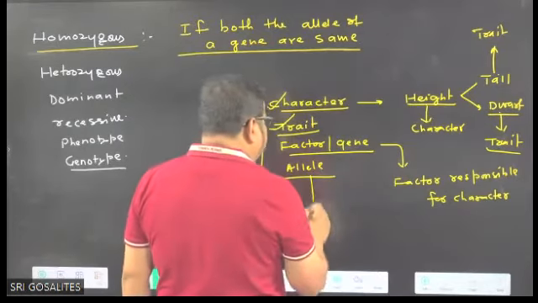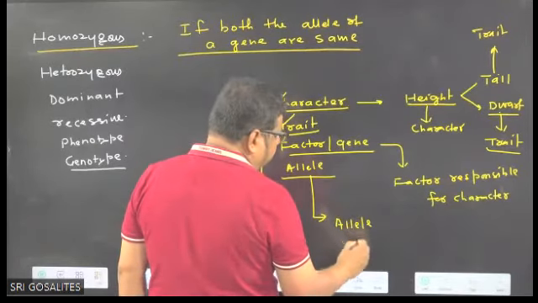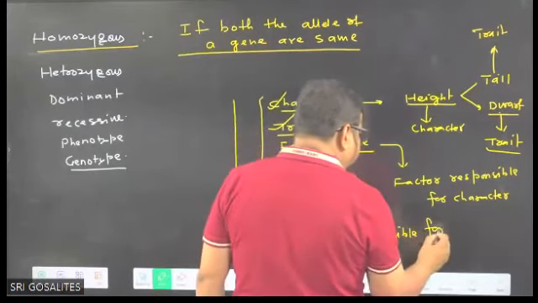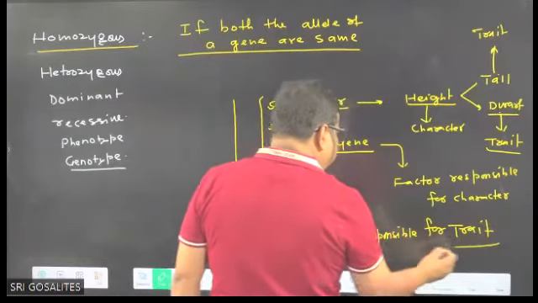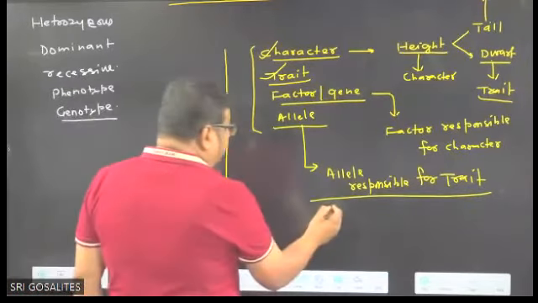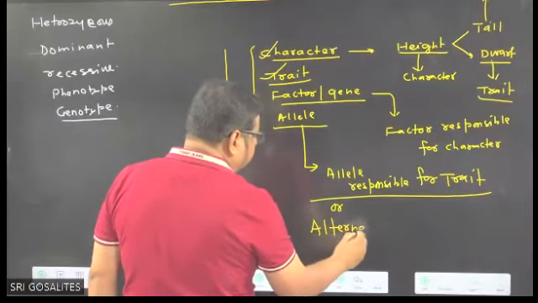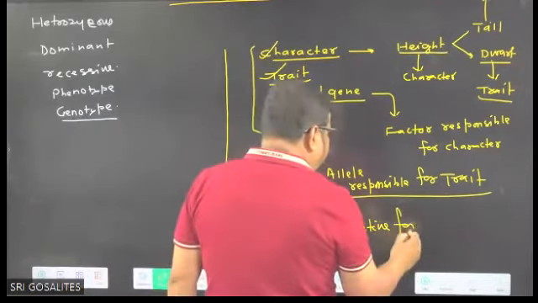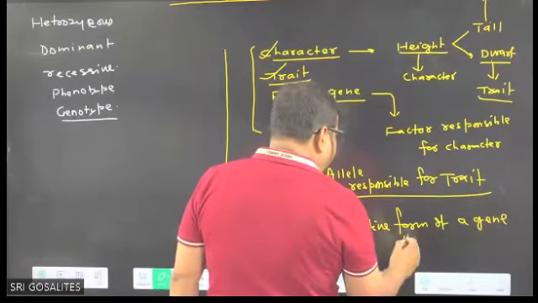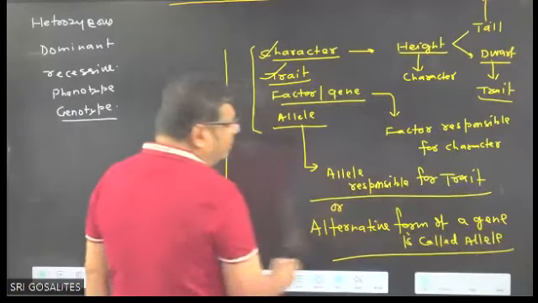And I told about the allele: an allele is responsible for a trait. Another thing I told about the allele is that it is the alternative form of a gene. These are the two different forms of the same gene.